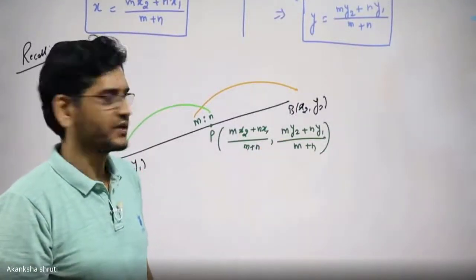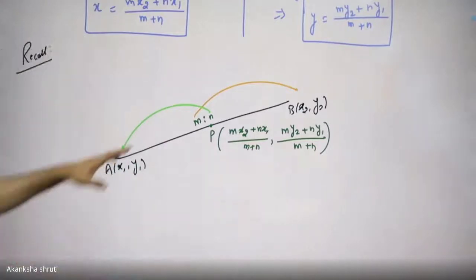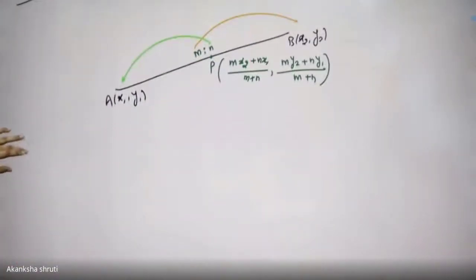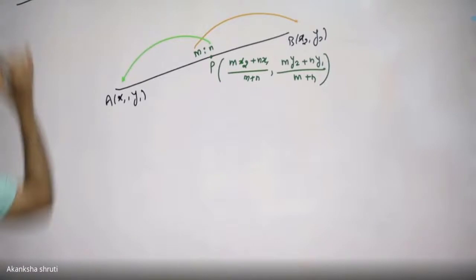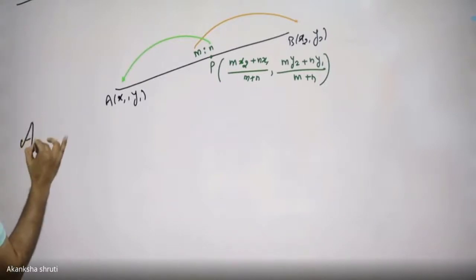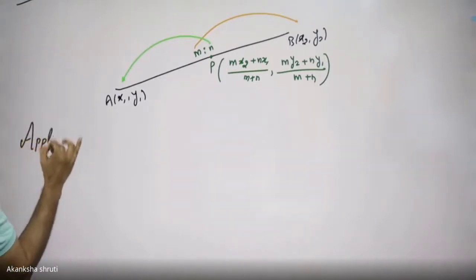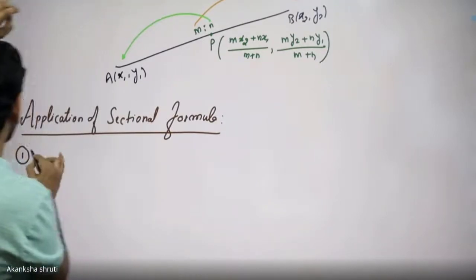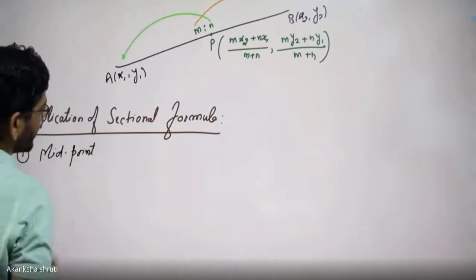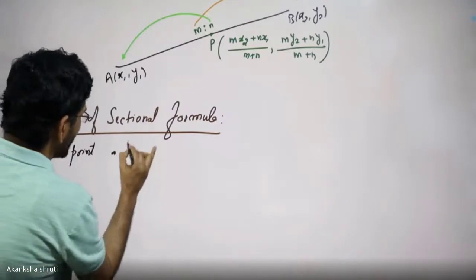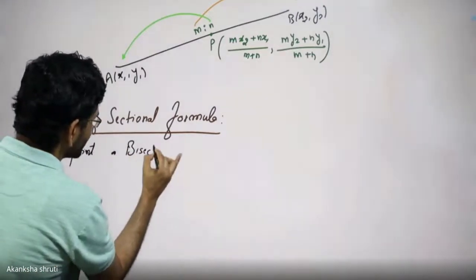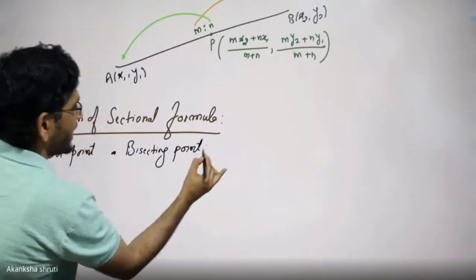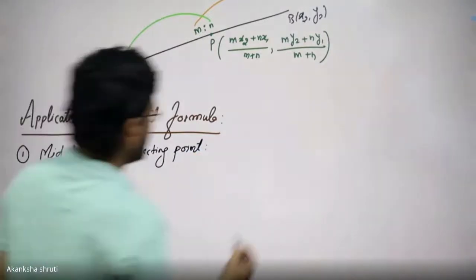Okay, students? The same thing we had done earlier, and we had even solved one question. Now let us go for the application of this section formula. The very first application is the midpoint, or the bisecting point. Students, how is our midpoint?